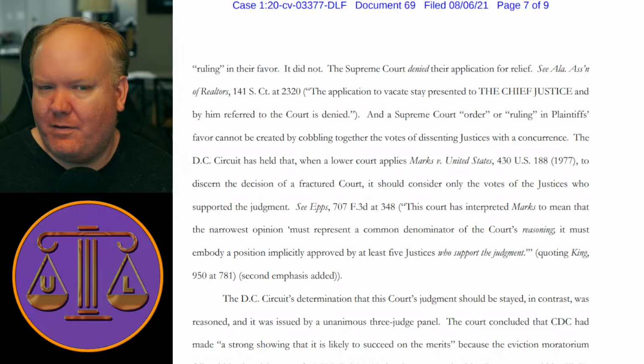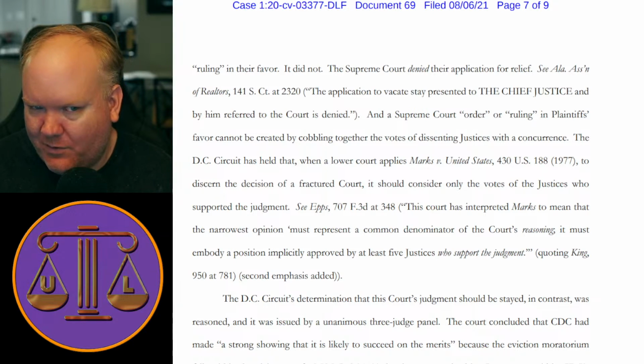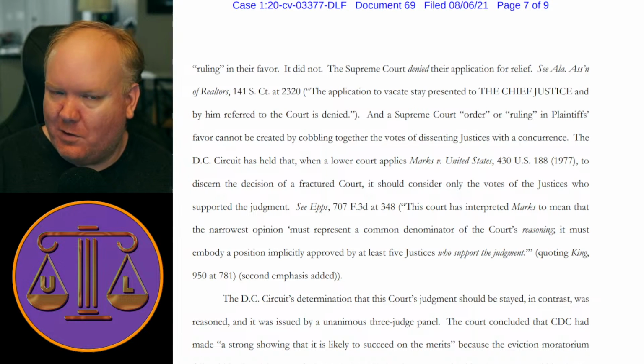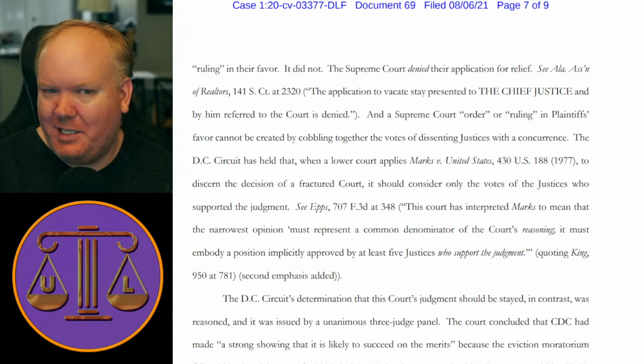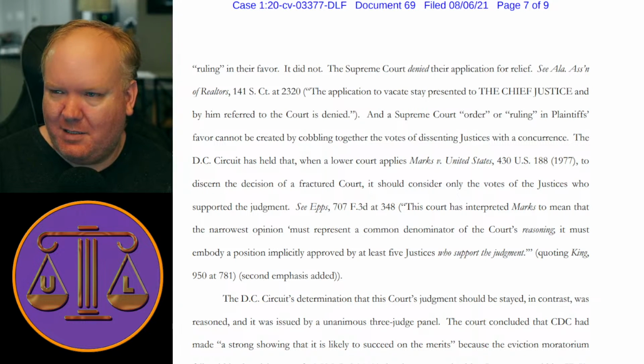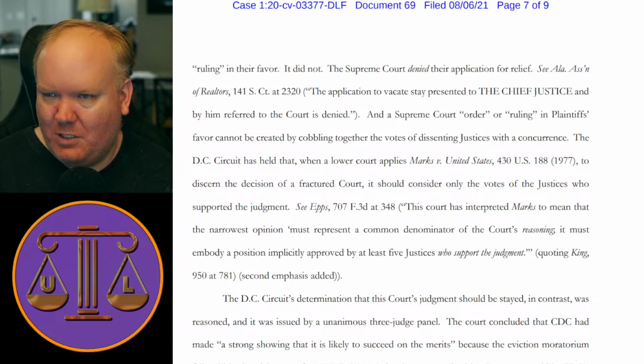Which, you have 4 votes for that. You have 4 votes that support the judgment, right? You just don't have 4 votes that agree to the remedy, right? Kavanaugh writes, I agree it's illegal. Right? He agrees it's illegal. You have 4 votes that would grant it right now, which implicitly means there's 4 votes that say it's illegal.